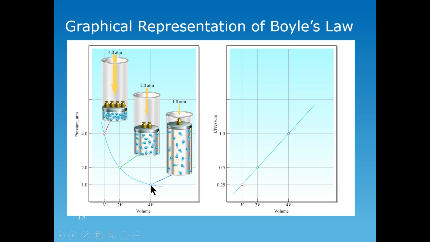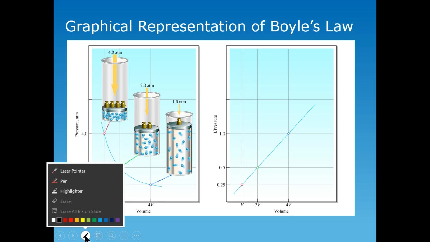All right? Now, the plot on the right shows you Boyle's law expressed in a different way, because in this case, on the x-axis, you have 1 over P, and on the y-axis, you have the volume. So basically, you can write down an equation which shows you what that plot will look like.